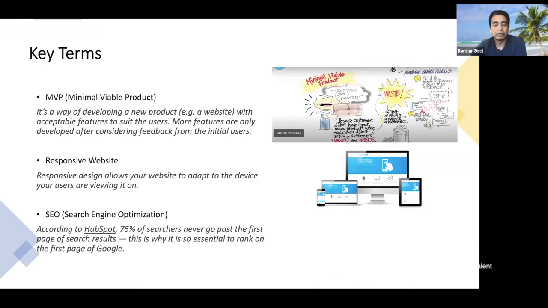Minimum viable product is again a very common term in the software world, sometimes in the hardware world also. What it essentially means is that in any website development, any software development, you cannot have all the features finished within the first release. Let me close the window.